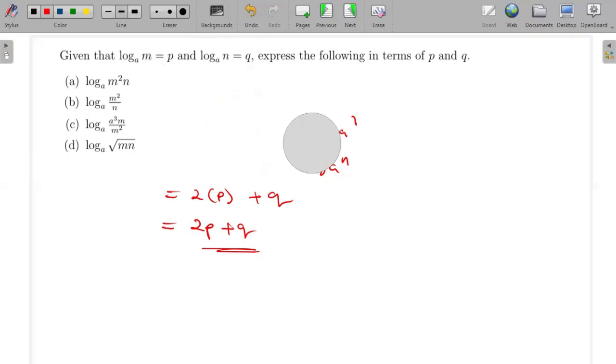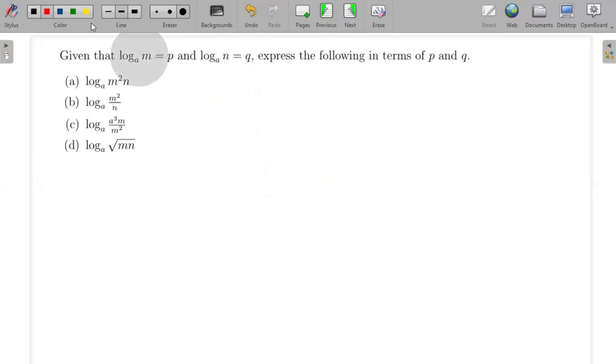So the next one you just have log base a of m squared over n. So this here is going to be log, I separate them. So a, then I say m squared. Since it's division, meaning I'll be subtracting, so that will be log a of n.